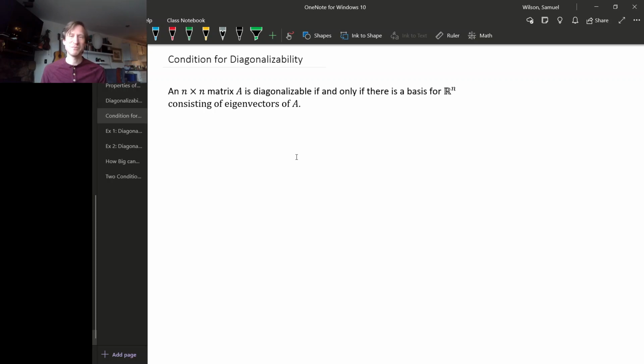If a matrix acts just by stretching some basis by different amounts, each of those basis vectors is actually an eigenvector for the matrix, and the matrix for the linear transformation relative to that basis will be diagonal.